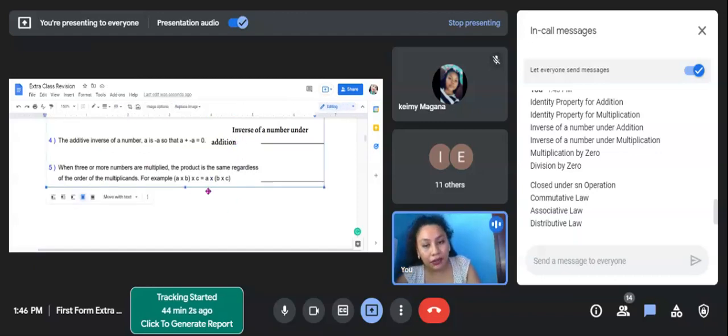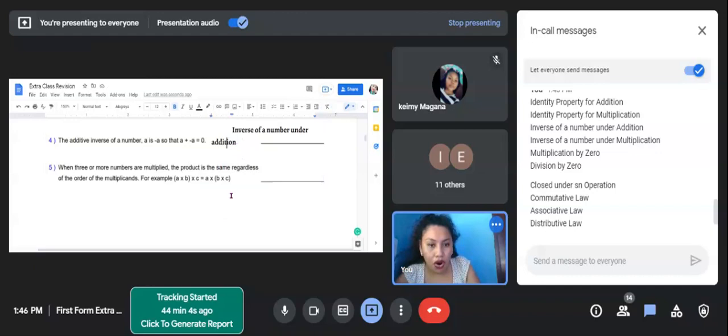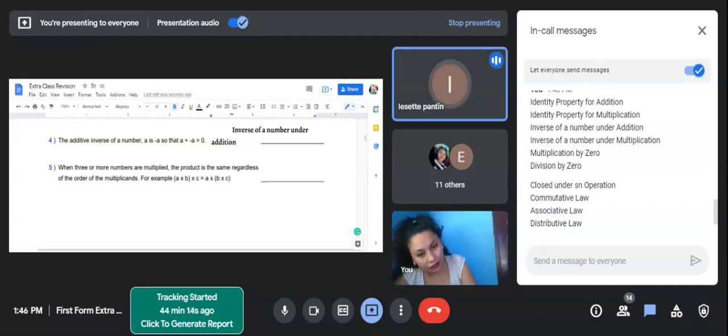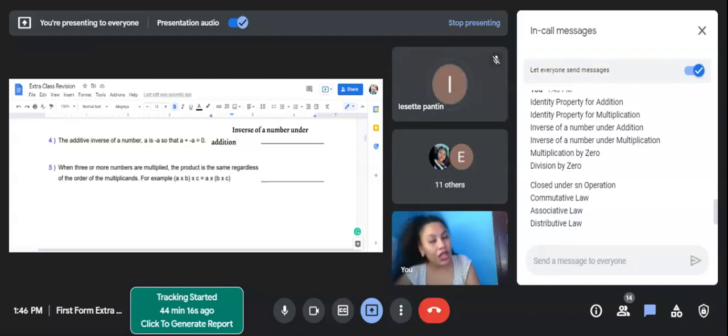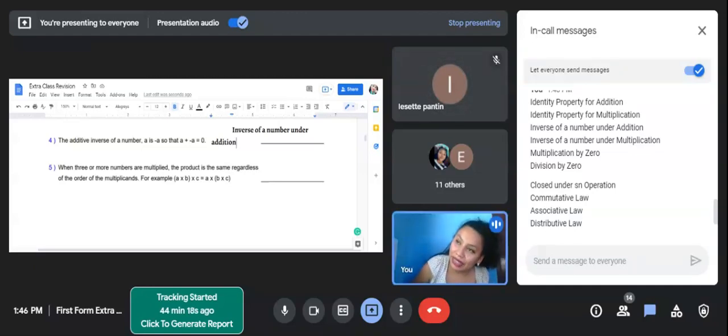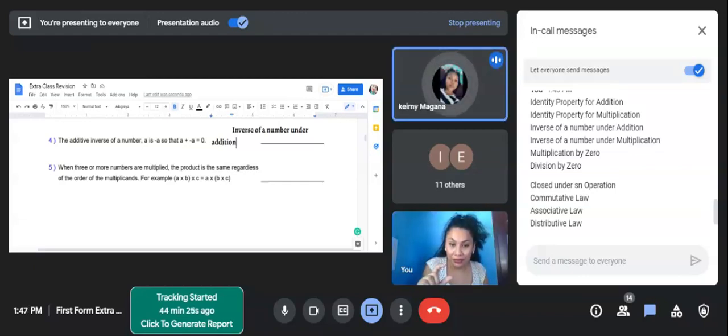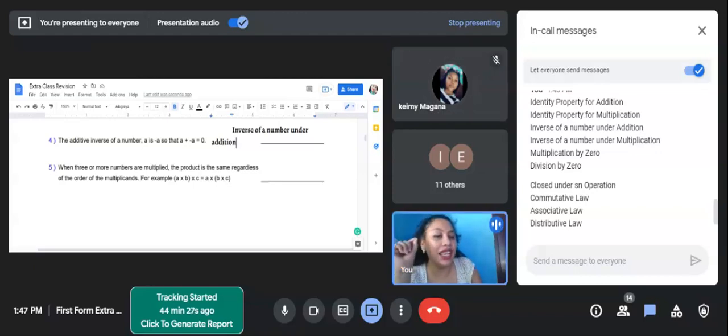Now, this last one. When three or more numbers are multiplied, the product is the same regardless of the order of the multiplicands. It's not identity of multiplication. No, identity of multiplication is when we multiply by 1. Remember, identity, I want the same thing. This is the associative.